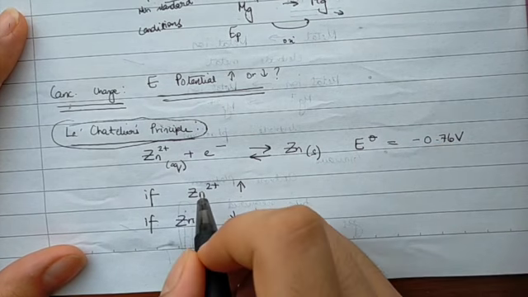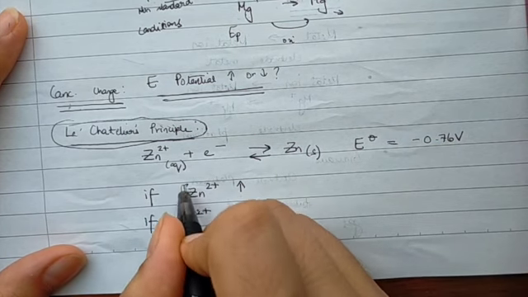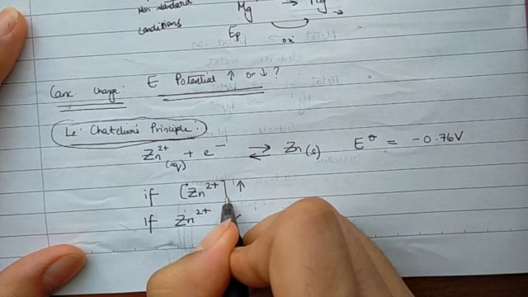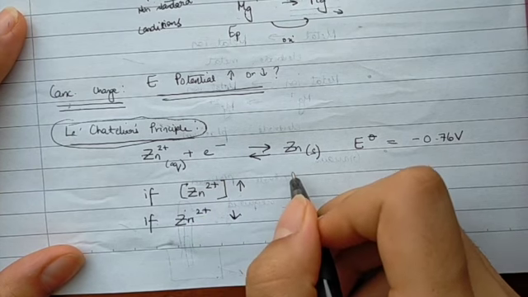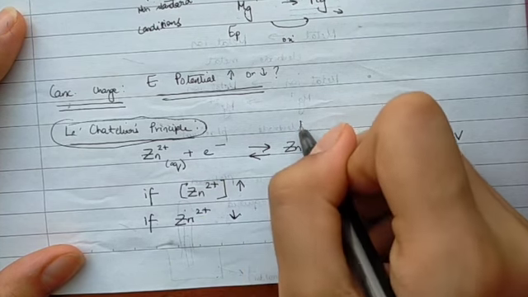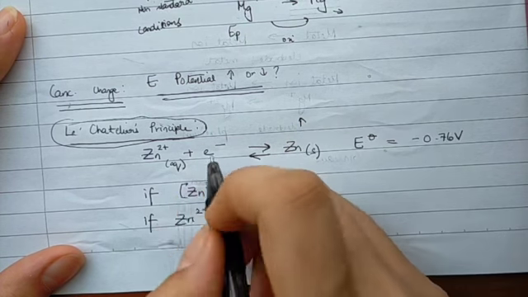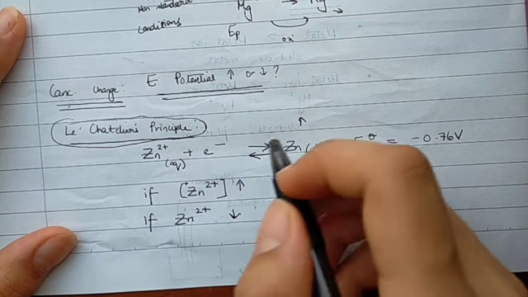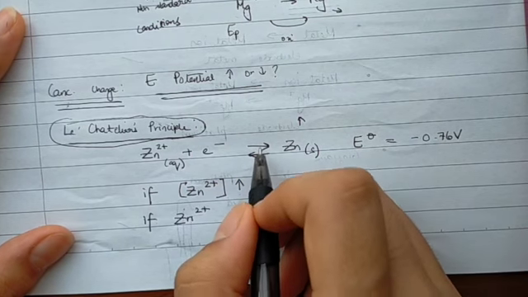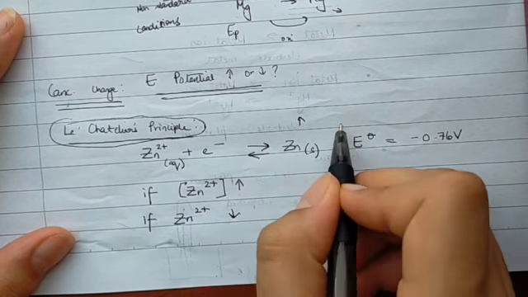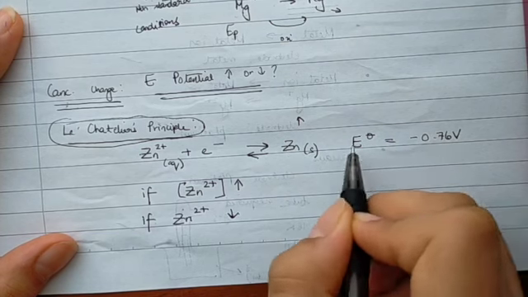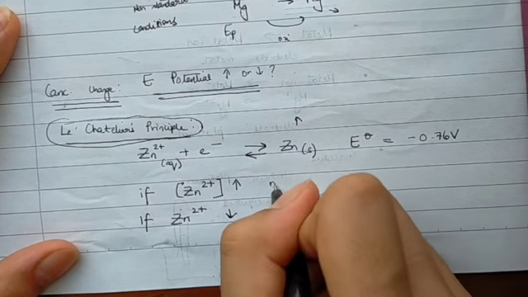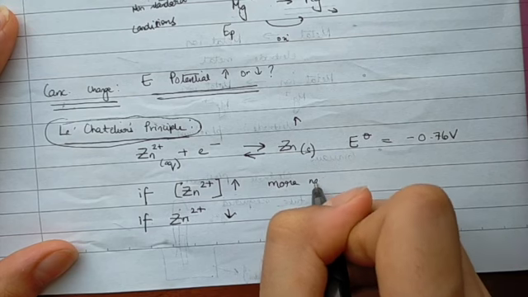So if the concentration of Zn2 plus increases, then the concentration of Zn would have to increase to compensate for the increased concentration of Zn2 plus, and so the forward reaction will be favored, and so the electrode potential will become more negative.